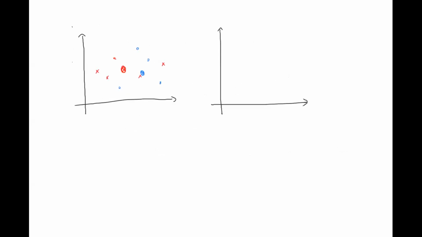So over here, let's say this point is closest to red, this is closest to red, this is closest to red, and this is closest to red, so that's going to get reassigned. And then over here, this is closest to the blue, this one's closest to blue. So these guys, and I think this guy up top is closest to blue.